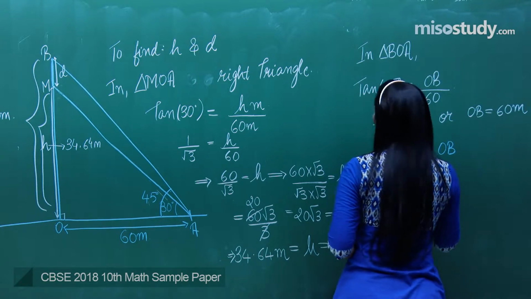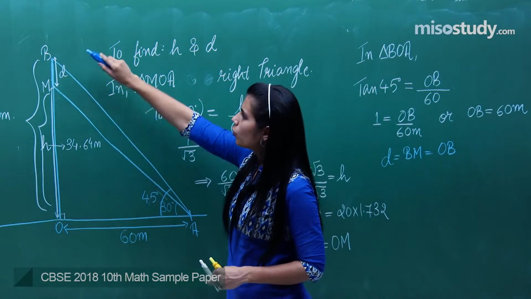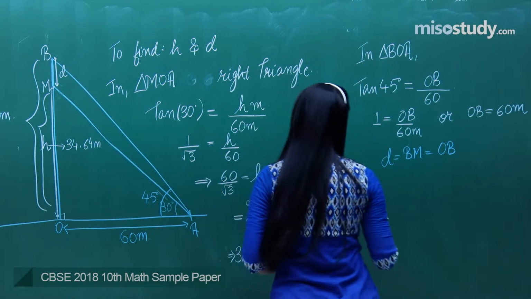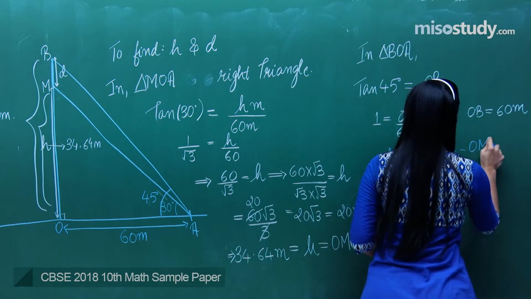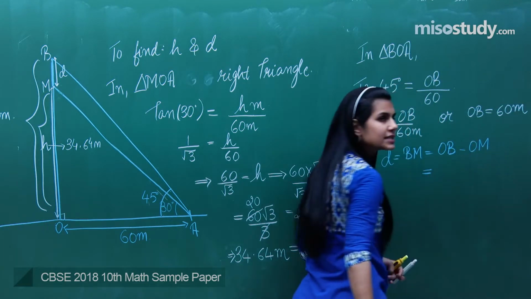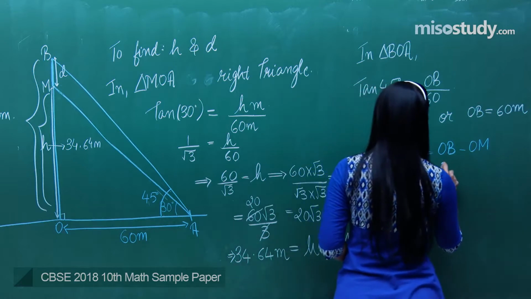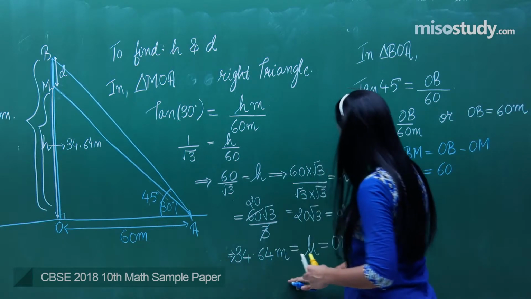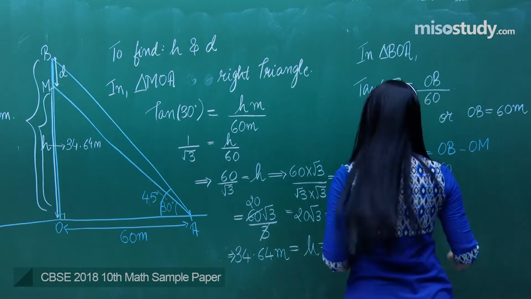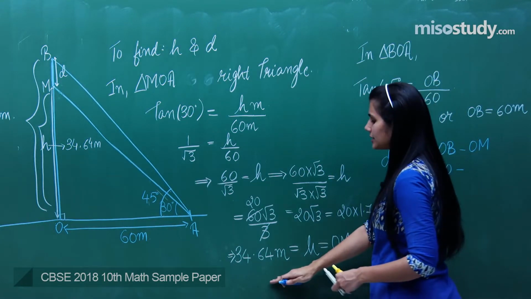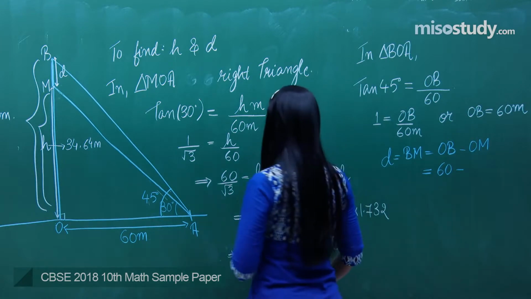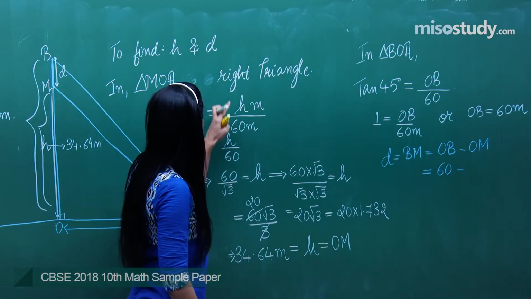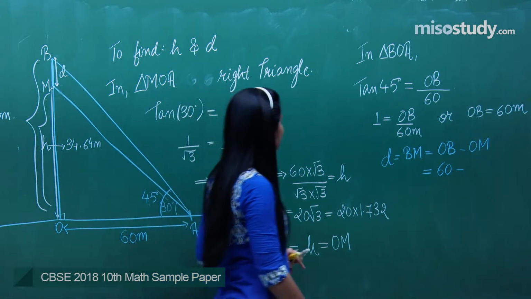It will be this entire OB minus OM. Now, OB is given to be 60 meters and your OM is what? OM is 34.64 meters as we had calculated through this entire process.